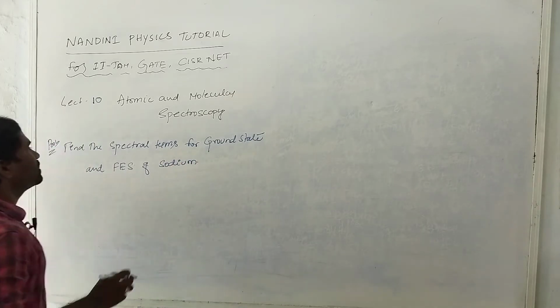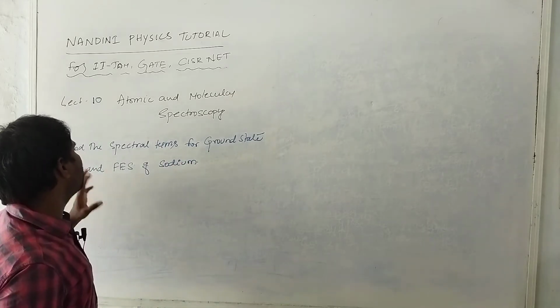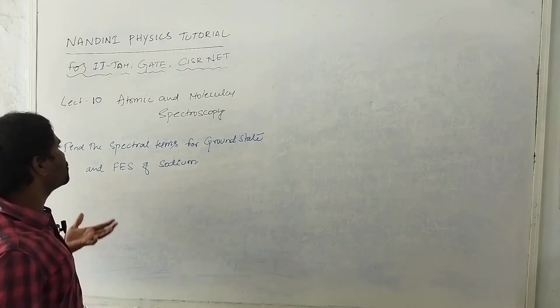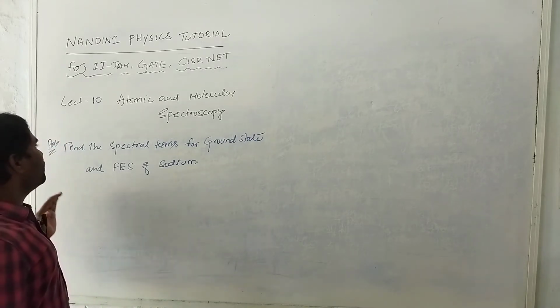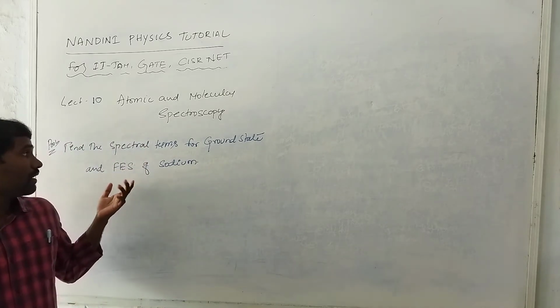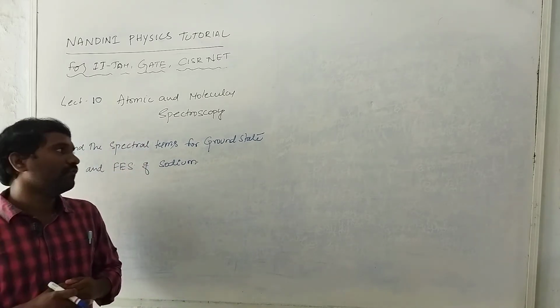There is also an intensity part, and we want to discuss all these things in today's class. So the first problem is to find the spectral term of the ground state and first excited state of sodium.